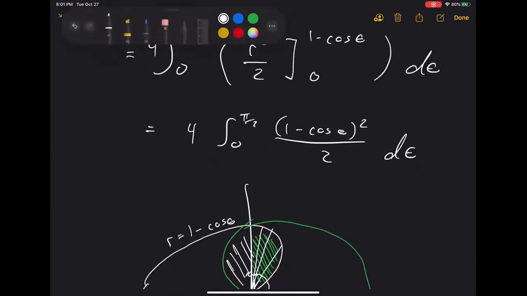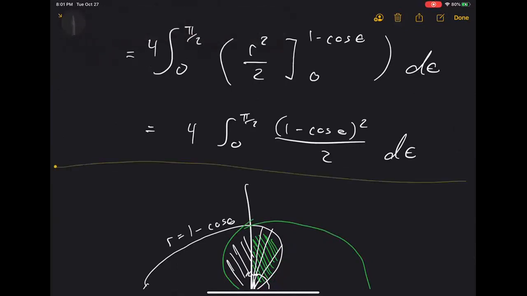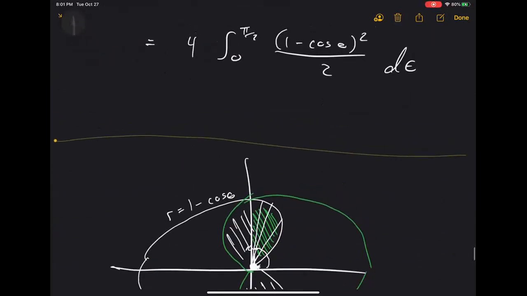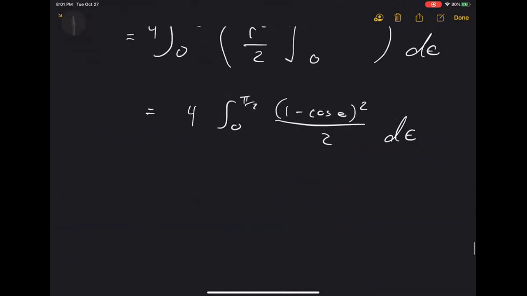Okay, and let's go ahead and pull out the 1/2. And what does (1 minus cosine theta) squared become? 1 minus 2 cosine theta plus cosine squared theta, d theta.